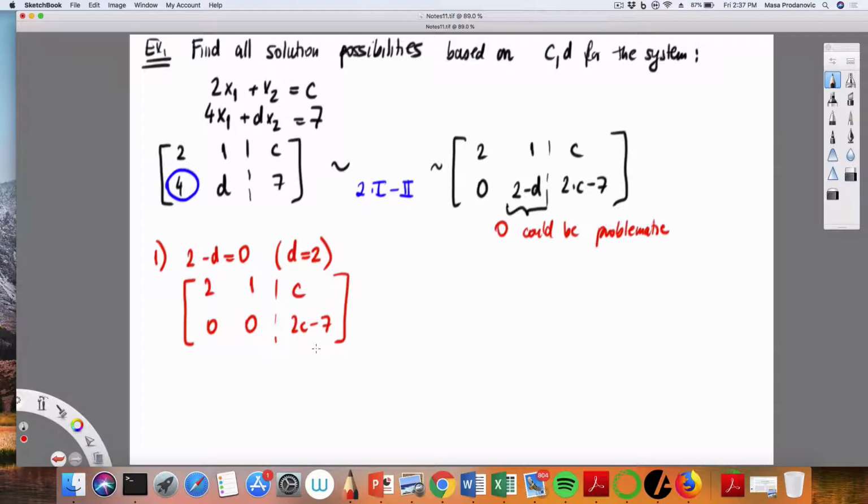I'll have 0 equal to something that is non-zero. So if C is different from 7 over 2, then there is no solution.